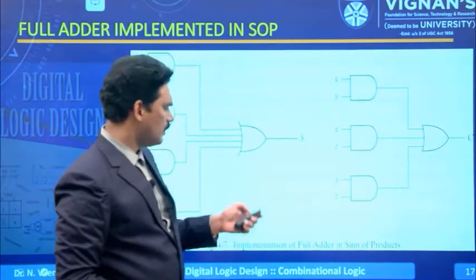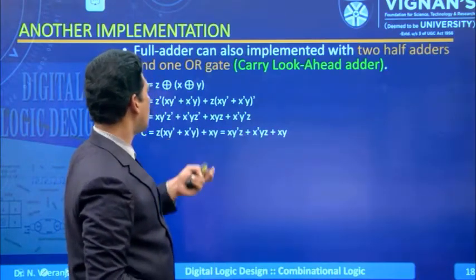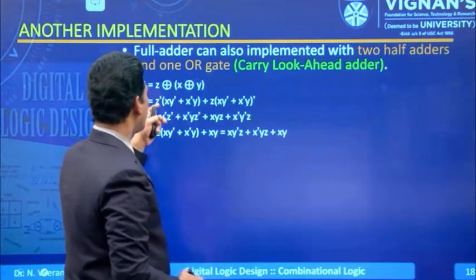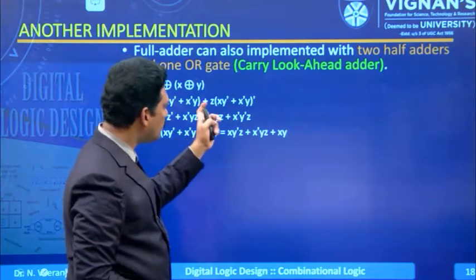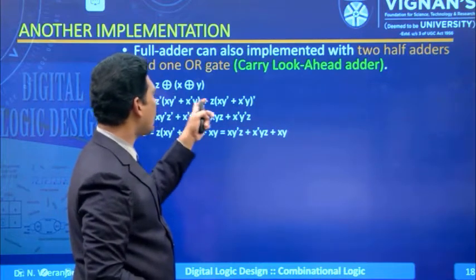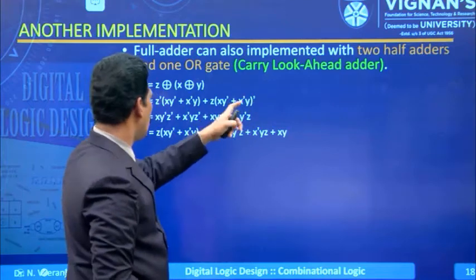Now we can simplify this also. S is equal to Z bar into (X Y bar plus X bar Y), plus Z into (X Y bar plus X bar Y) whole bar.